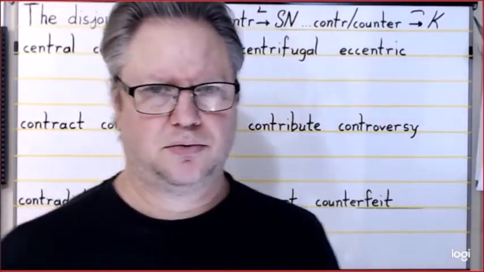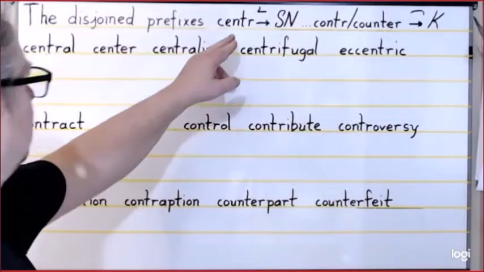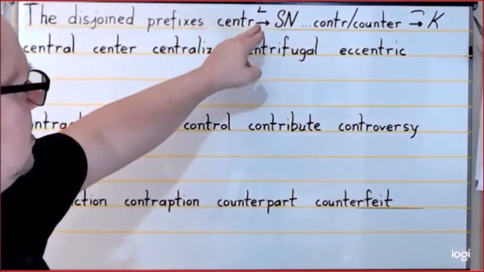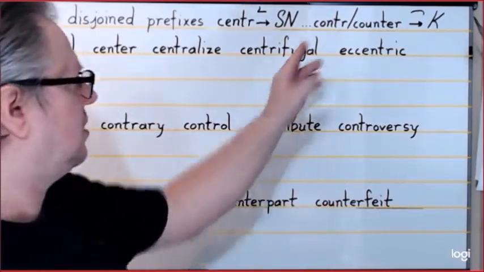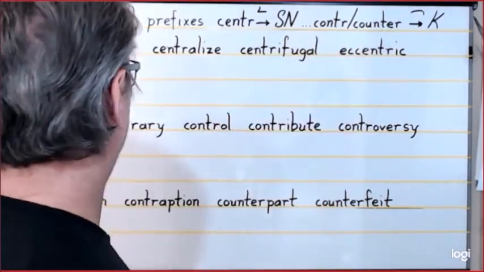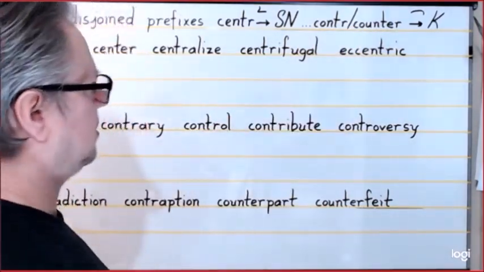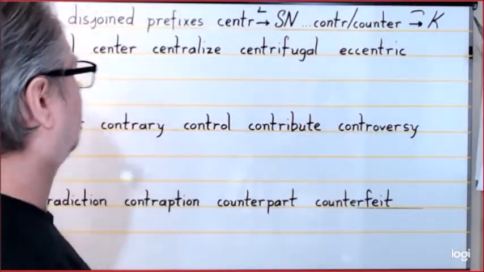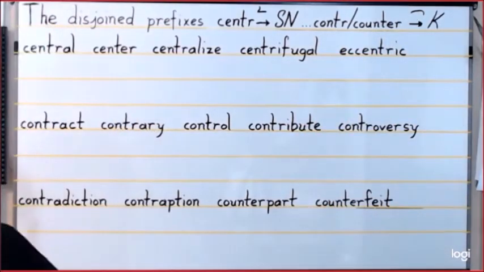The disjoined prefix center is represented by a raised SN, and then contra and counter as a disjoined prefix is represented by a K that is written above the line. So we'll start with the prefix center.